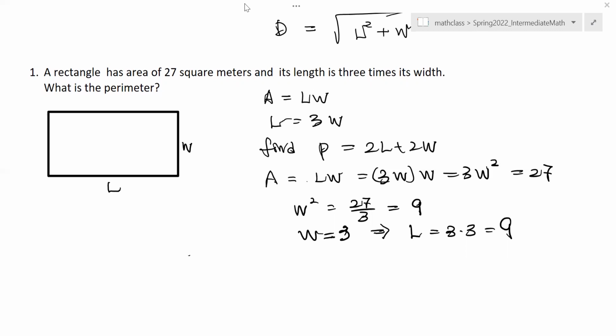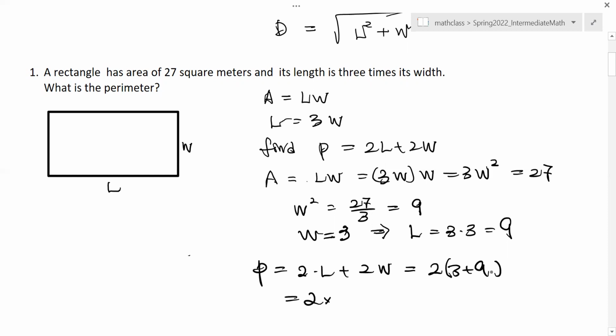So the perimeter is going to be 2L plus 2W. Now you can take a 2 out: 2 times L plus W, so 3 plus 9, that's 2 times 12, which is 24. So you write down the answer: the answer is 24.